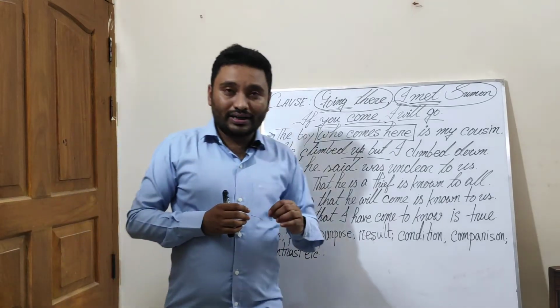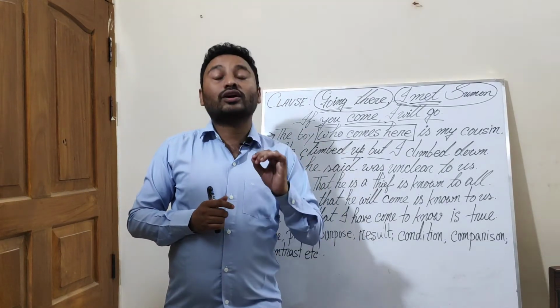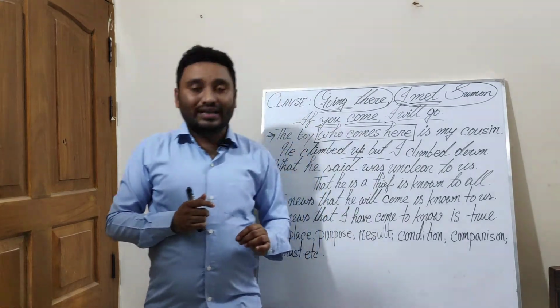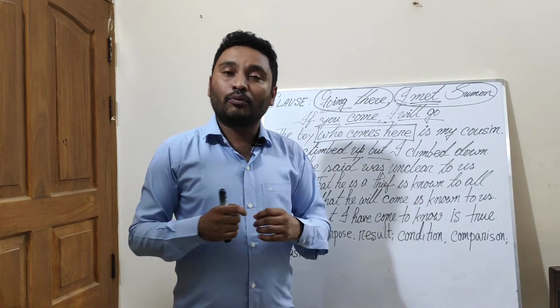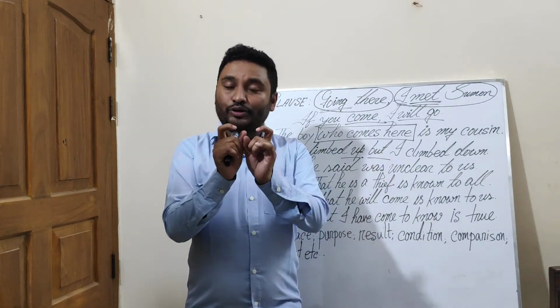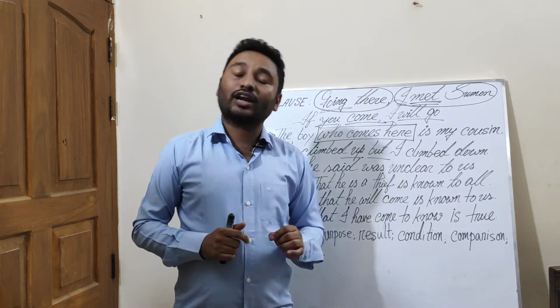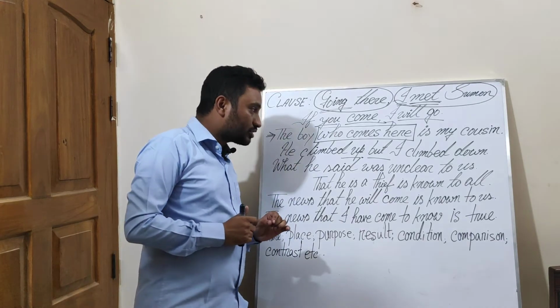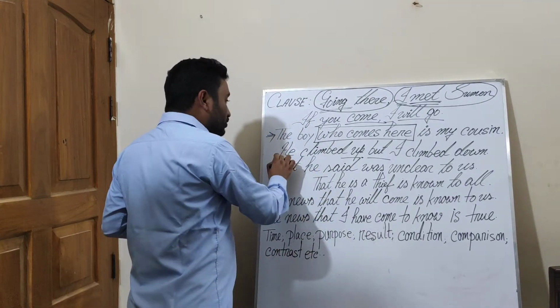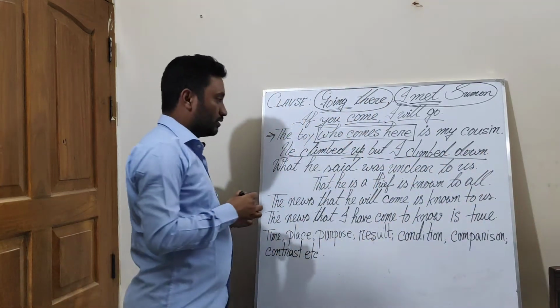And a coordinate clause is one which contains a coordinate conjunction. What is the difference between subordinate conjunction and coordinate conjunction? Subordinate conjunctions link two clauses where one is a principal clause and another one is a subordinate clause. And a coordinate conjunction links two clauses which are equivalent.